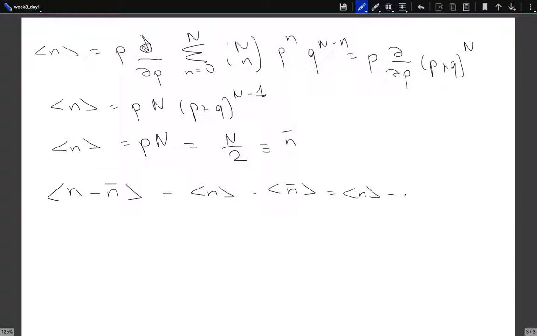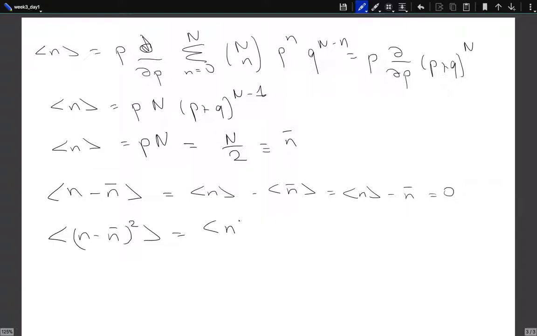Average of n minus the average of a constant is just the constant itself, so this is 0. Well, that's kind of expected because the deviation from the average can take both positive or negative values. But we can prevent that. We can make sure that the deviation we are talking about is always positive by looking at its square. So this will be definitely non-zero, and it will give us a value of how much the n deviates from the equilibrium.